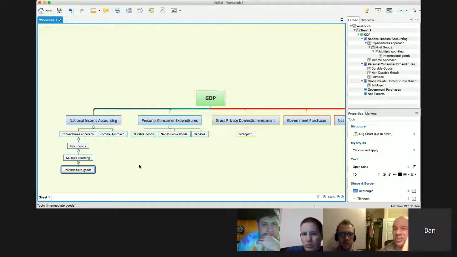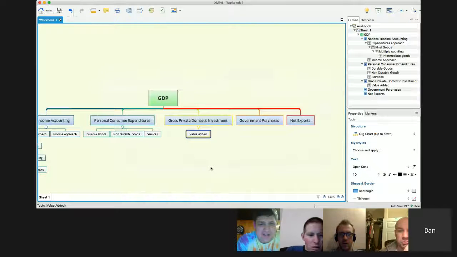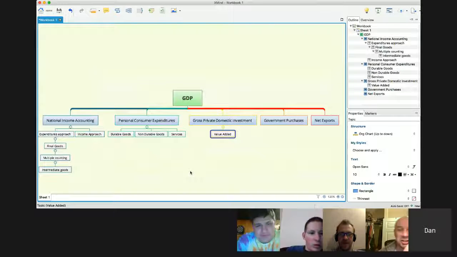No, he's talking about the value added, like the profit. I don't know. You could put it under gross private domestic investment. Yeah, that's what I was thinking. Yeah, let's put it over there. It's really hard with the format that we have to really put them in a place that they actually exist. Right. Should almost just be a gigantic cloud with everything thrown in there willy-nilly. Spider web.